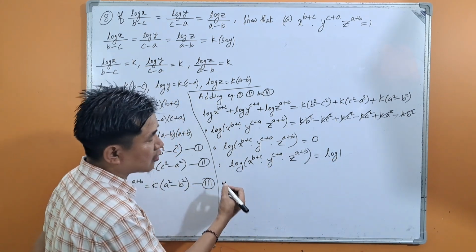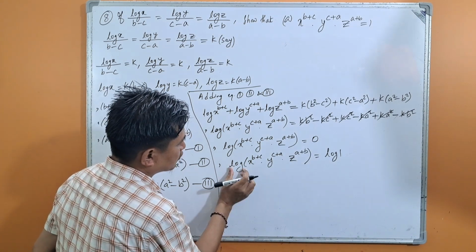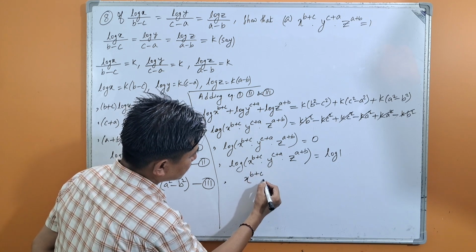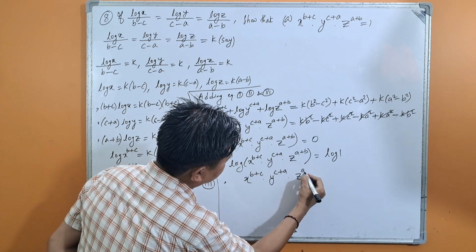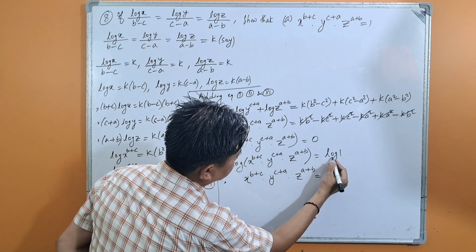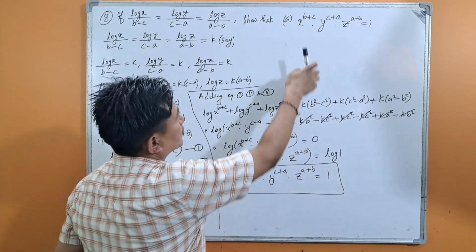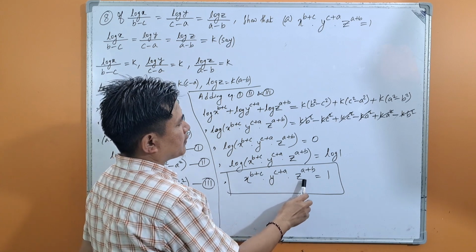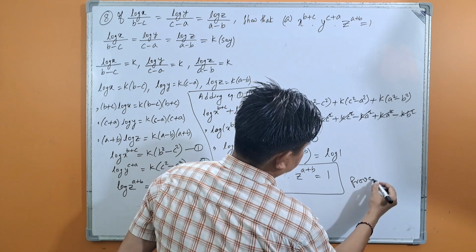So leaving this log, we have x to the power b plus c times y to the power c plus a times z to the power a plus b equal to 1 in the right hand side. This is what we were asked to prove, isn't it? Hence proved.